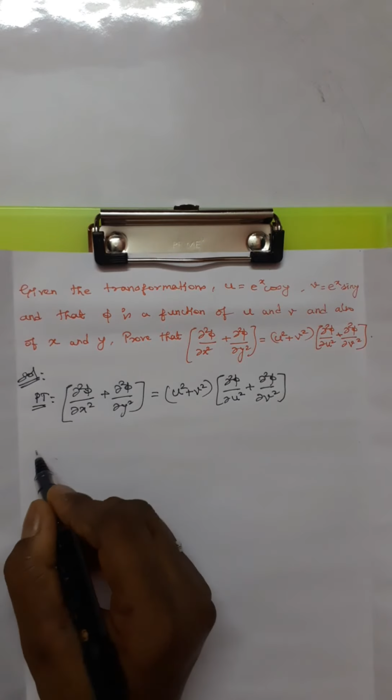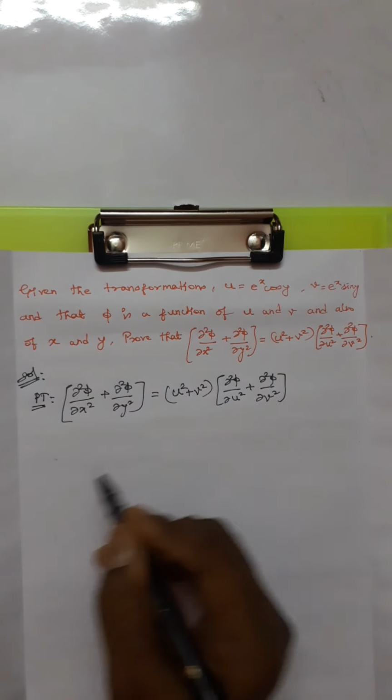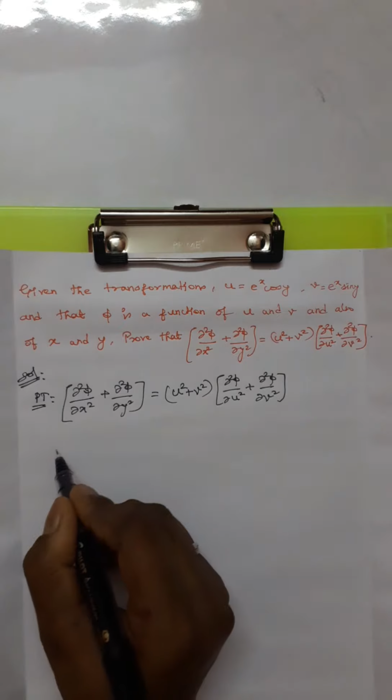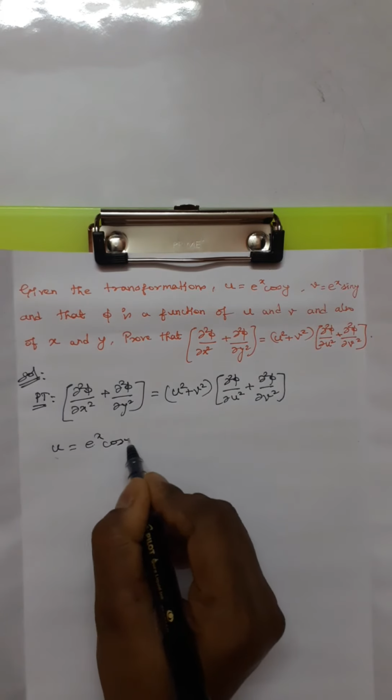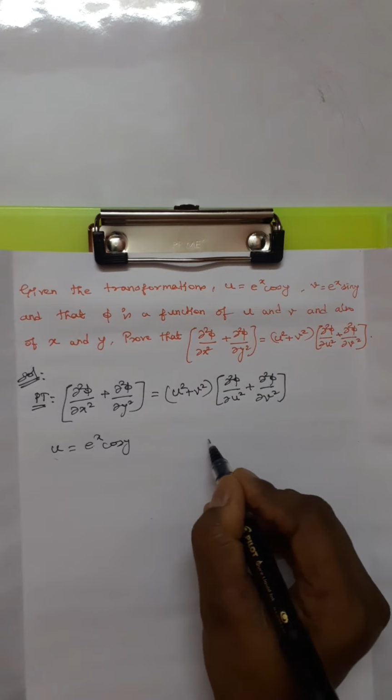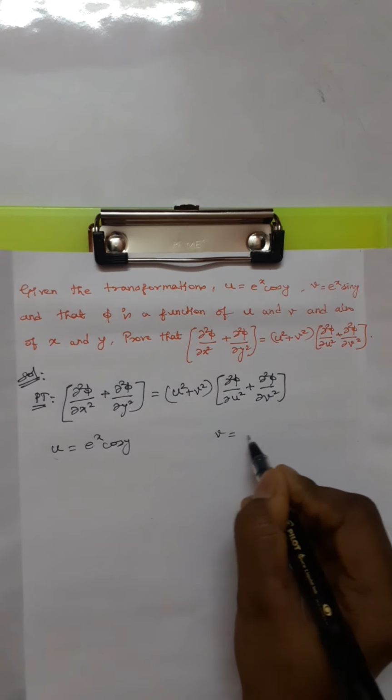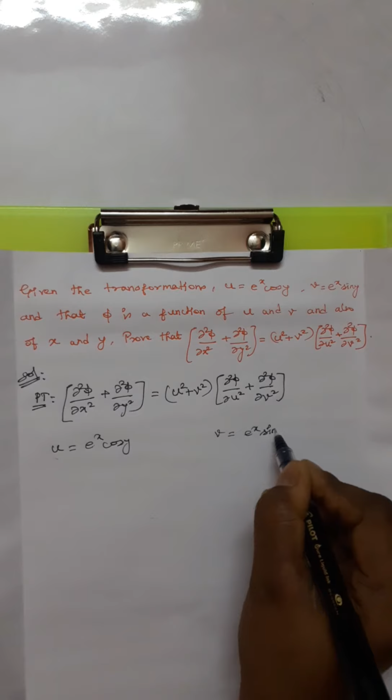Now, let us write the given informations. u is equal to e power x cos y. v is equal to e power x sin y.